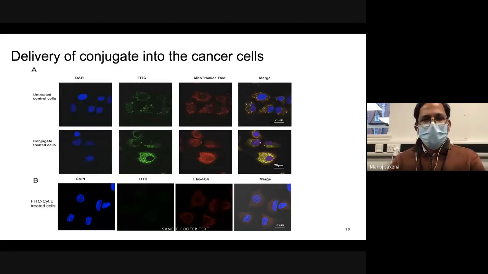Next, after doing all these in vitro experiments, our focus was to show that this conjugate actually works in cells.